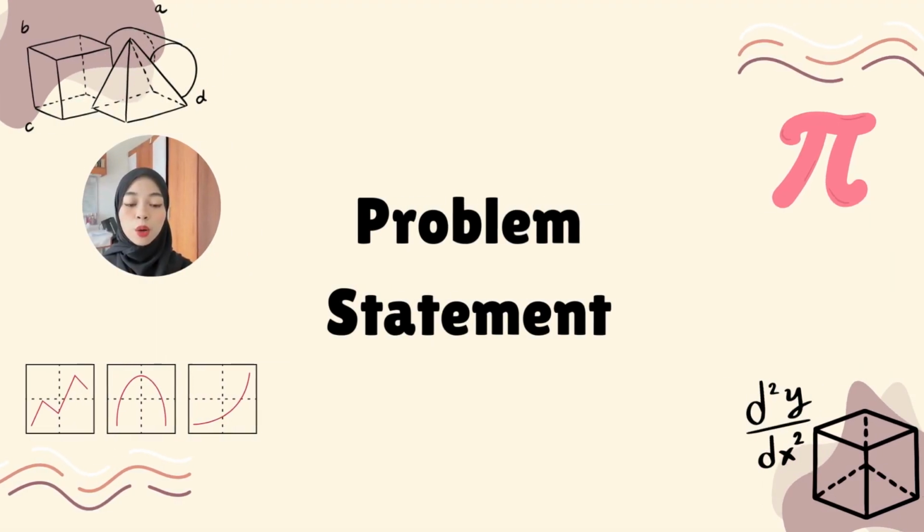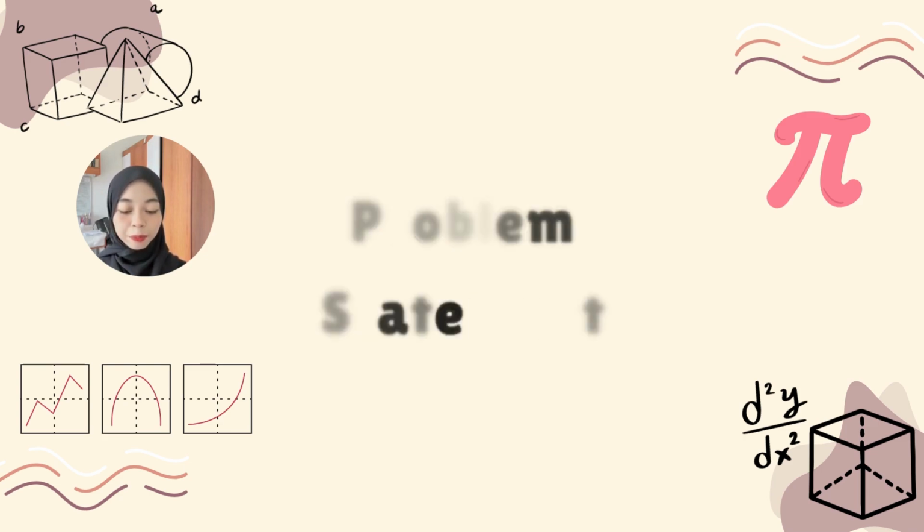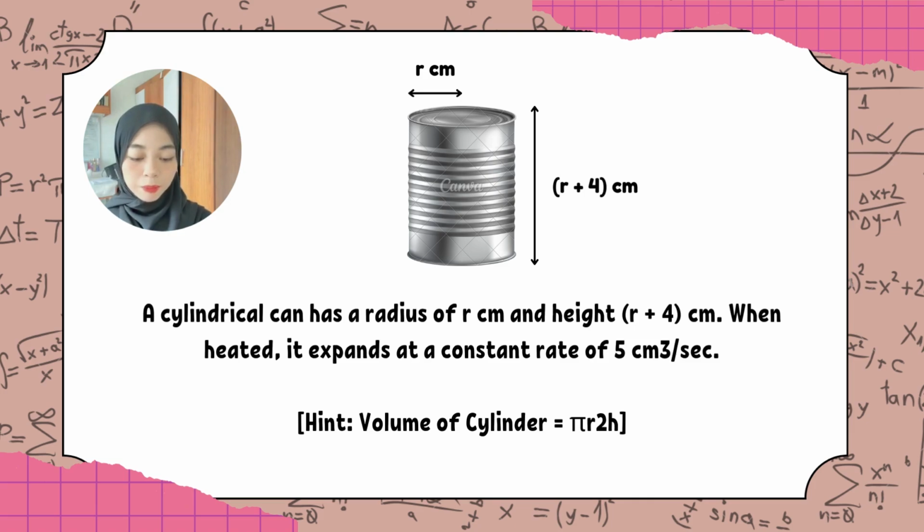So next, we're going to do problem statement. A problem statement is a mathematical question given in a paragraph. Looking at the next slide, we can see it's a question about a cylinder. A cylindrical can has a radius of r centimeters and height r plus 4 cm.